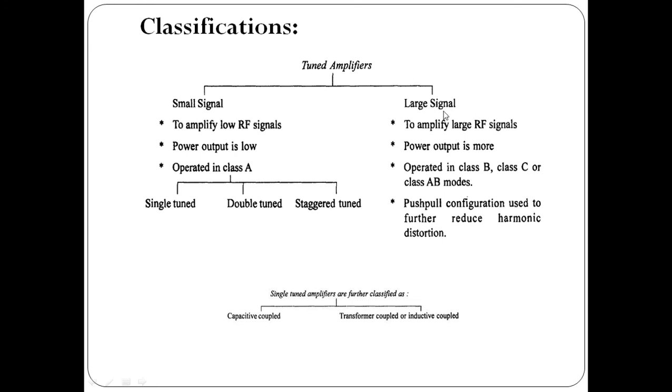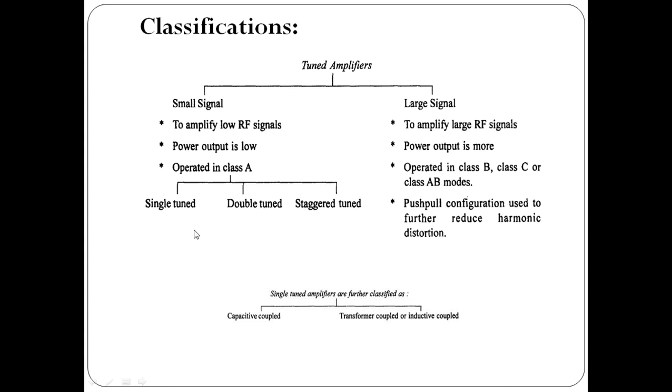A large signal amplifier can be used to amplify large RF signals, and the power output of a large signal amplifier is more. This type of large signal amplifier can be operated in class B, class C or class AB modes, and push-pull configuration can also be used to further reduce the harmonic distortions that can be introduced in our large signal amplifiers.